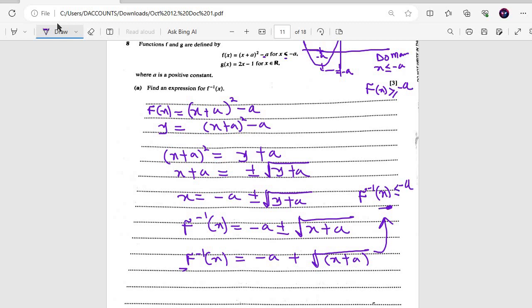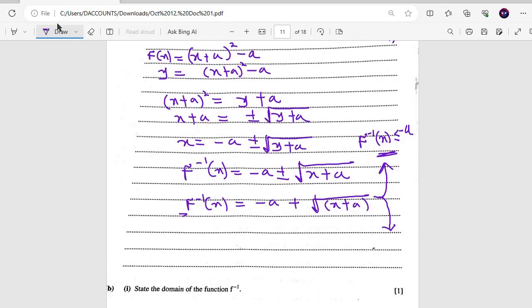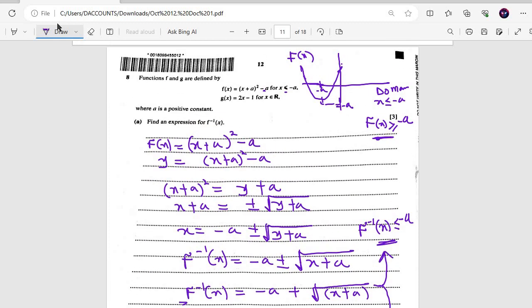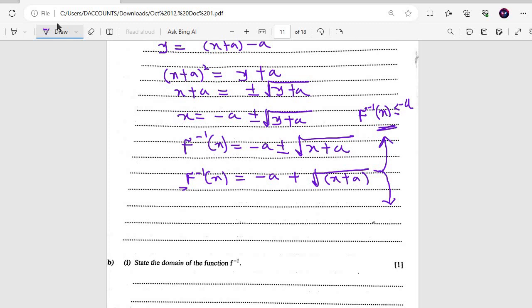And the domain of this inverse is the range of the normal function. So the domain is increasing. That's why I choose positive, because the domain of this function is x greater than or equal to minus a. That's why I choose positive. It's correct.